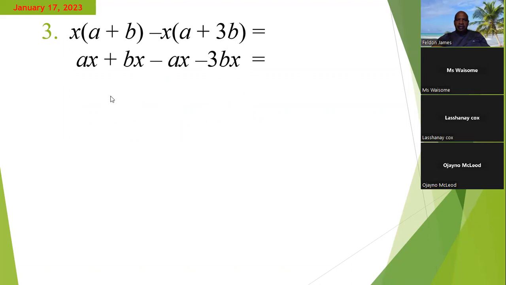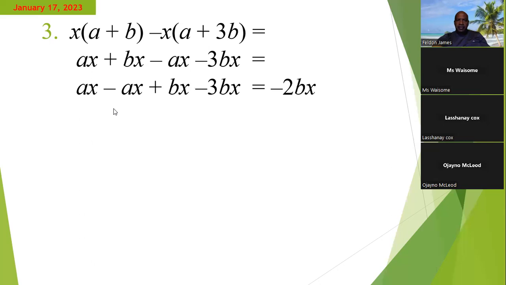Now, grouping like terms together and simplifying, I hope everybody can appreciate here that even though we have x's in all the terms, ax has to be grouped with ax and bx has to be grouped with bx.